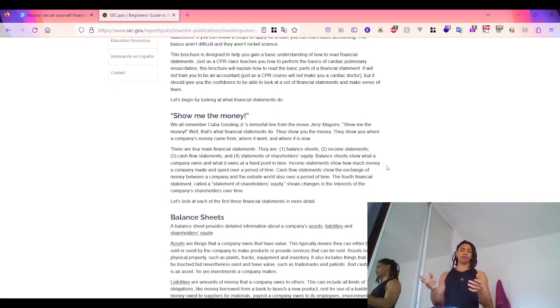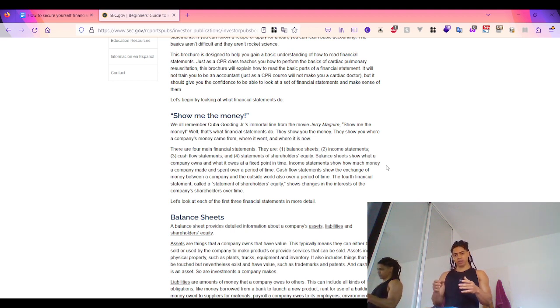The balance sheet, the TLDR: this is a snapshot of the company's assets, liabilities, and shareholders' equity. Assets are any resources that a company has and owns. Liabilities are obligations that a company has to pay.